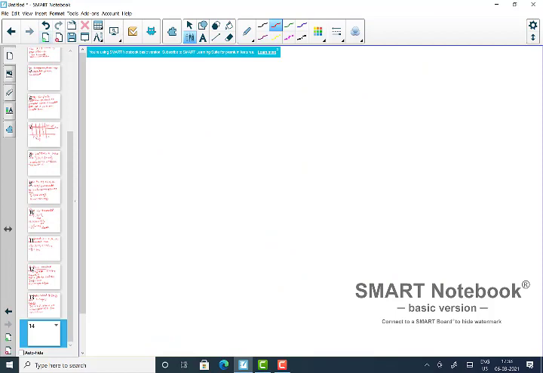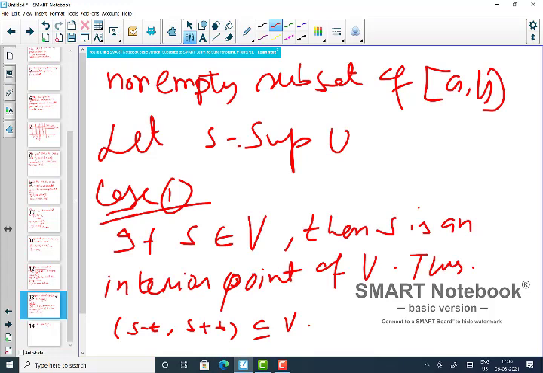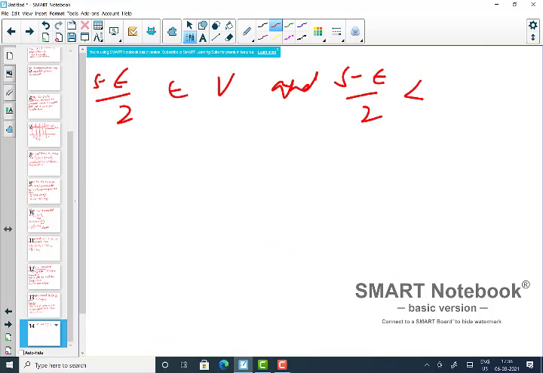Why? Because that S minus epsilon by 2, this is an element of that V, and... okay, let me write down properly.